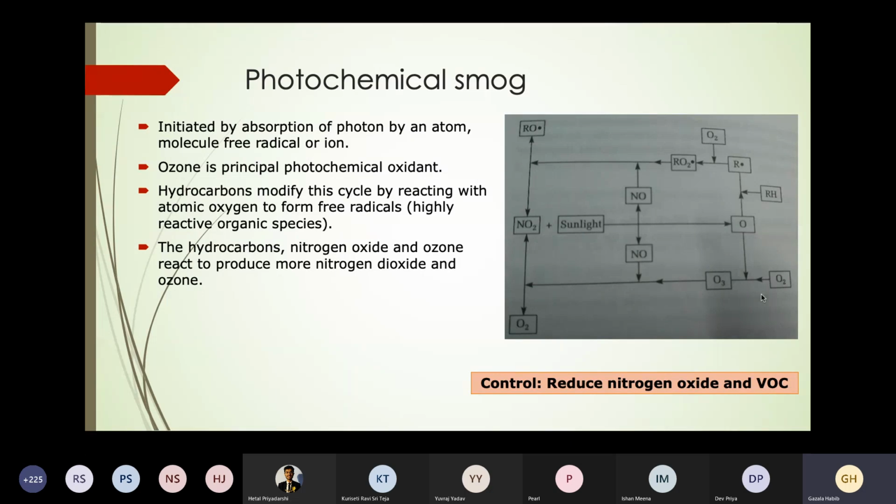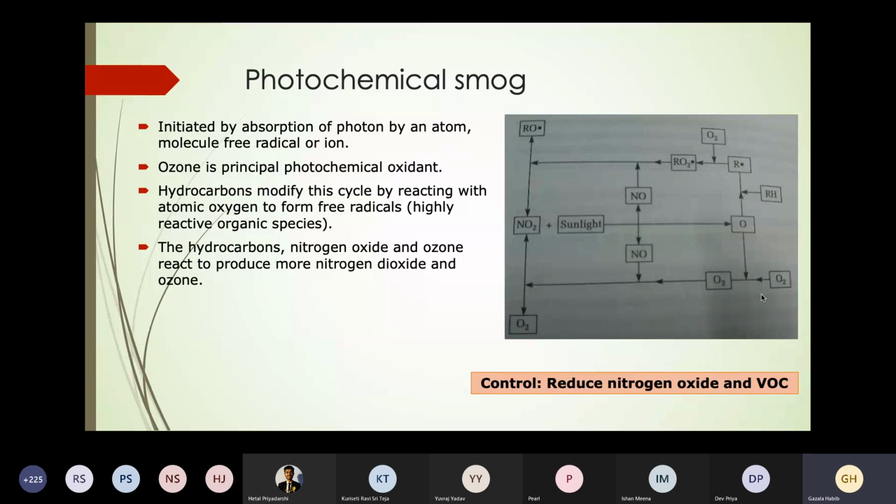And hydrocarbons, which are free radicals of hydrocarbons, are responsible for this formation because they are highly reactive. They cannot remain in the atmosphere as radicals, and they react with NO, NO2, and even O3, and they form the photochemical smoke.